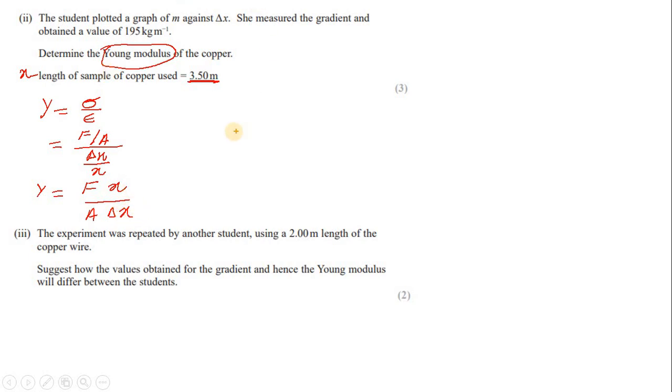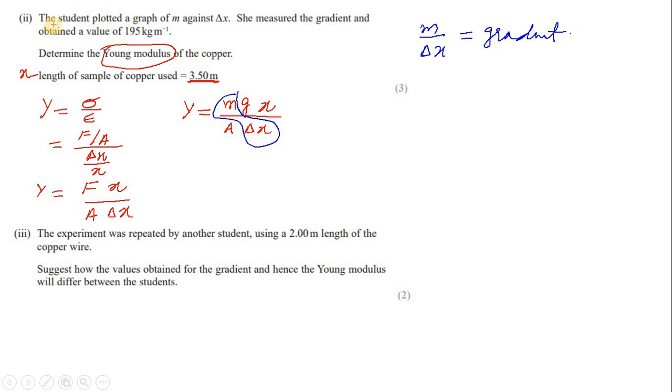And in this case, because the force is the weight of the hanging mass, you can say that the Young modulus would be equal to mgx divided by AΔx. Now if you see this equation, this m divided by Δx is basically the gradient that the student measured.